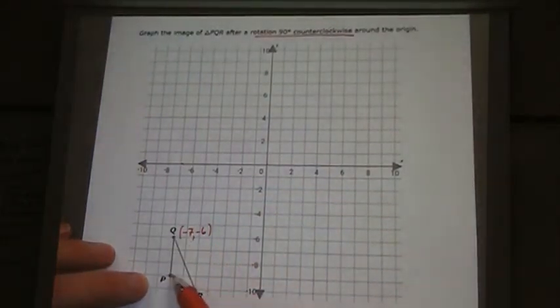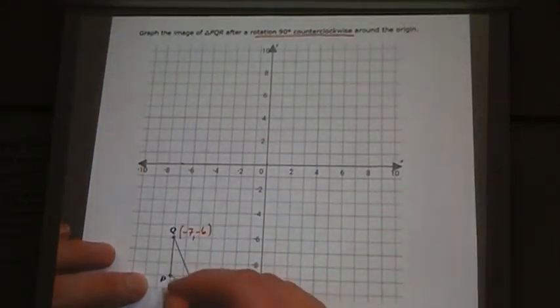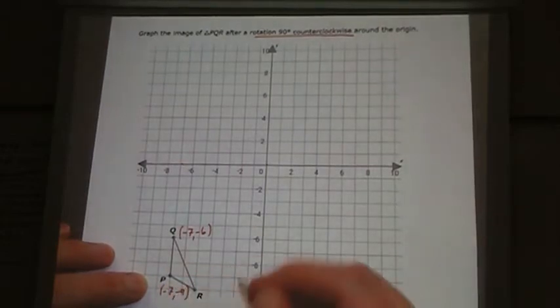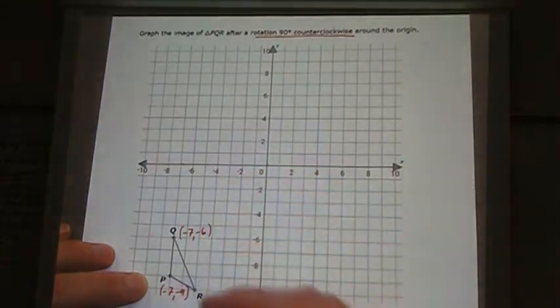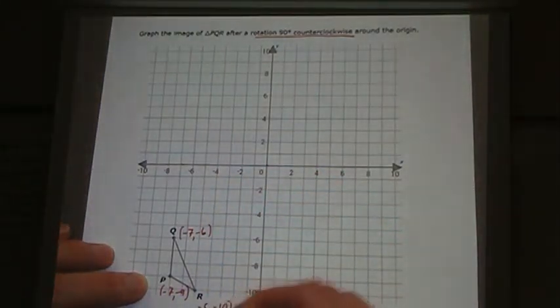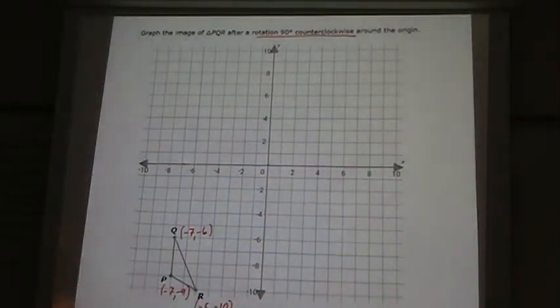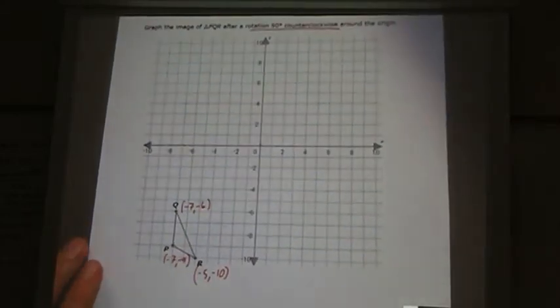That means P is -7, -9. And R would be -5, -10. Okay. Boom, boom, boom. I'll zoom out of here so hopefully you guys can see that better.